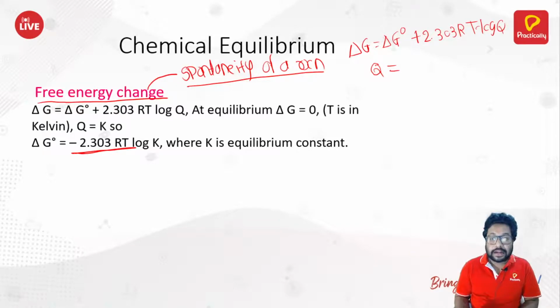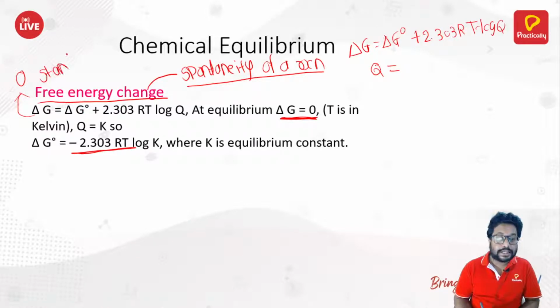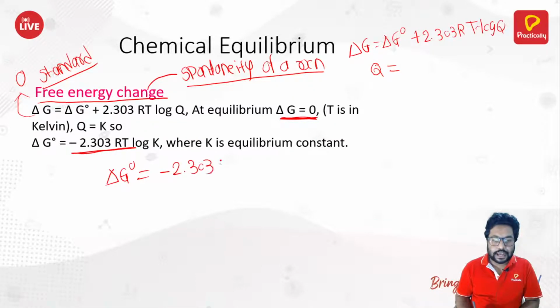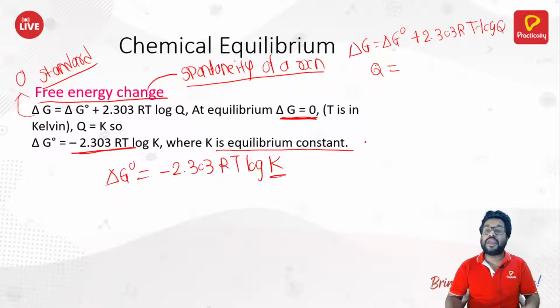At equilibrium, delta G is how much? Delta G is 0. If delta G is 0, this value becomes 0. Then delta G0, that is the standard free energy change, where that 0 stands for standard, is equal to minus 2.303 RT log of K, where K is the equilibrium constant.